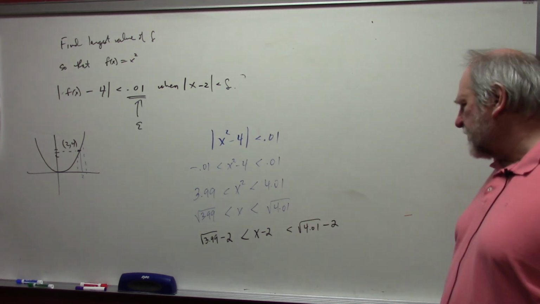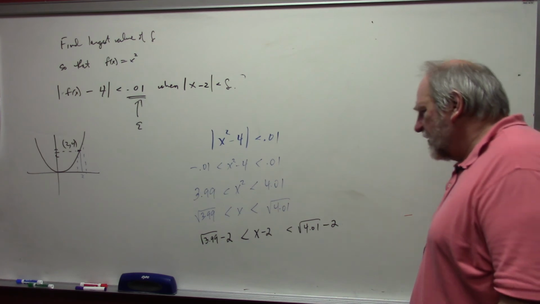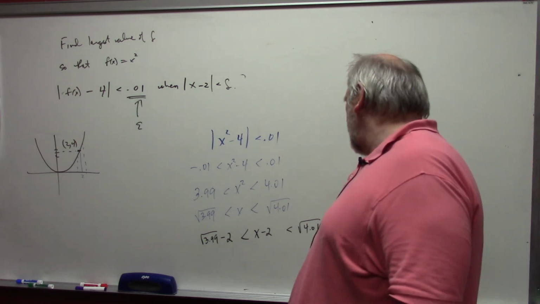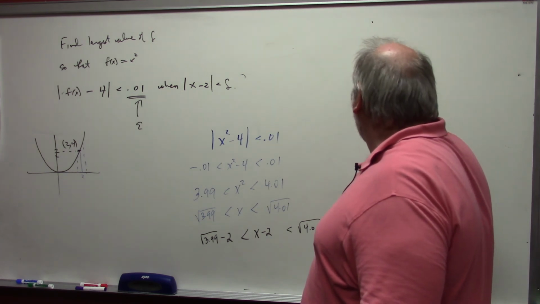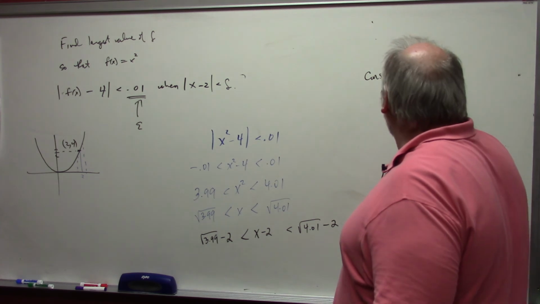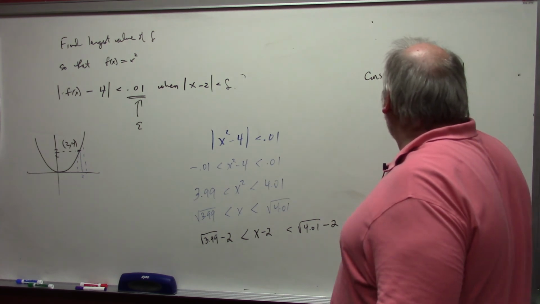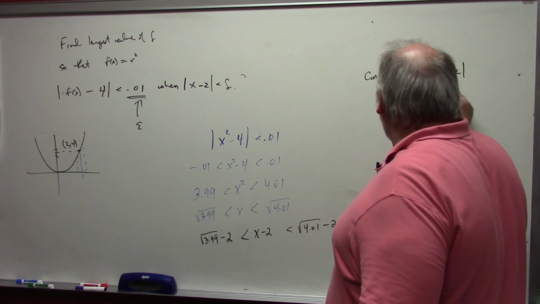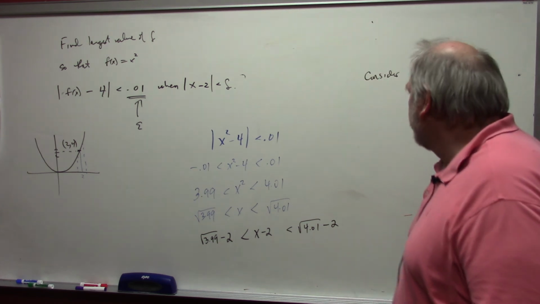And at this point, we would see whichever one of these is smaller in absolute value. We consider the absolute value of the square root of 3.99 minus 2 and the absolute value of the square root of 4.01 minus 2, and that would be my delta.